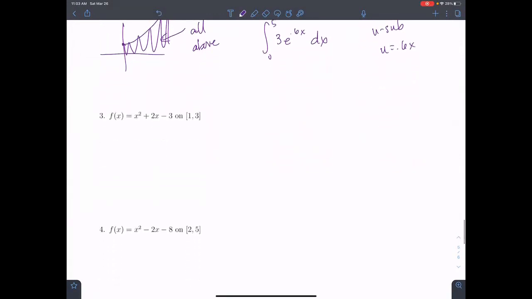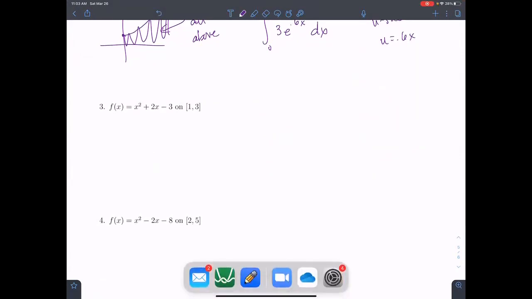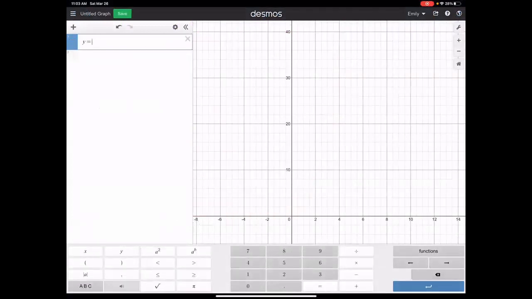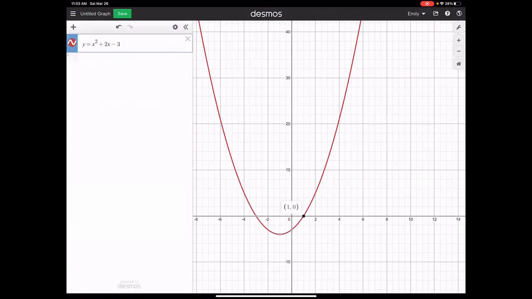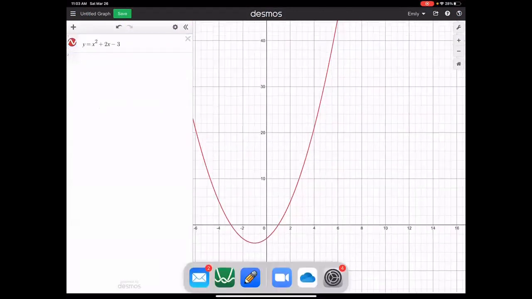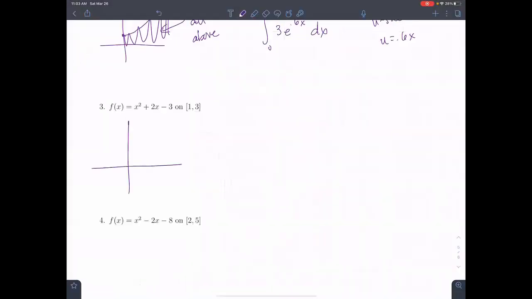Then number 3, we are looking at x squared plus 2x minus 3 on the interval from 1 to 3. So 1 to 3 would actually all be above the x-axis again, so we don't need to worry about breaking that up.